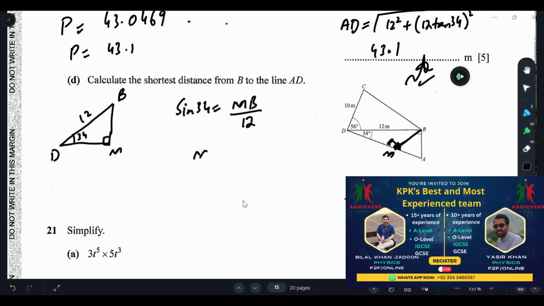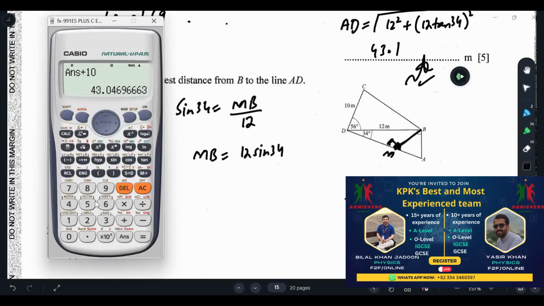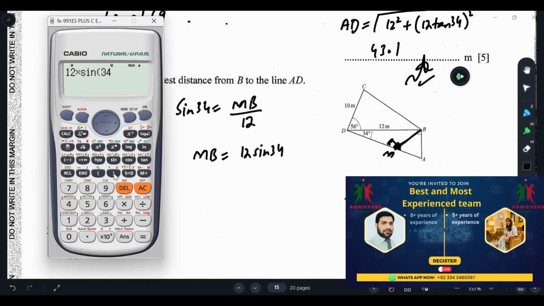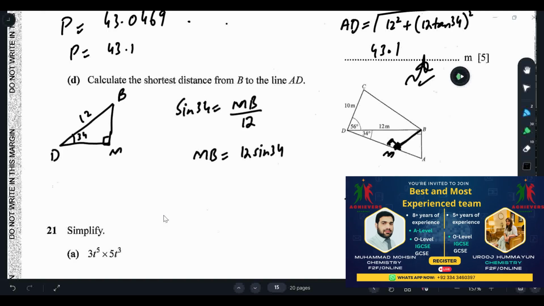So MB, or the shortest distance, will be equal to 12 sine of 34. So 12 multiplied by sine of 34 will be equal to 6.71. So 6.71 will be the final answer.